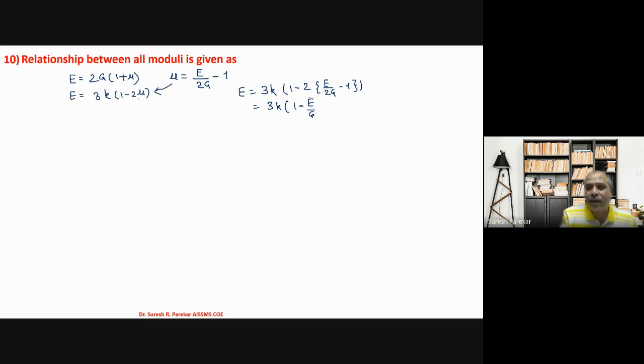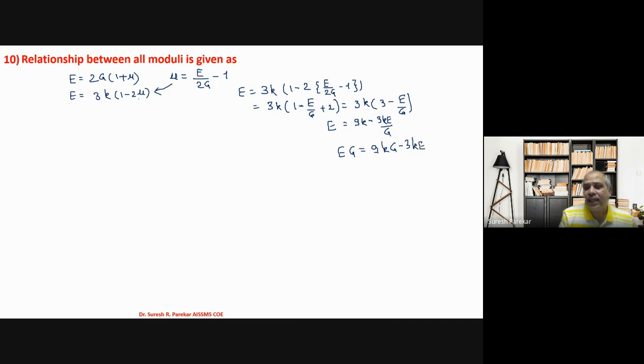E by G minus 2, minus 1 becomes plus 2, and then we get 3K in bracket 3 minus E by G. Solving this, we have 9K minus 3K E upon G, that is E. Solving again, EG equals 9KG minus 3KE.